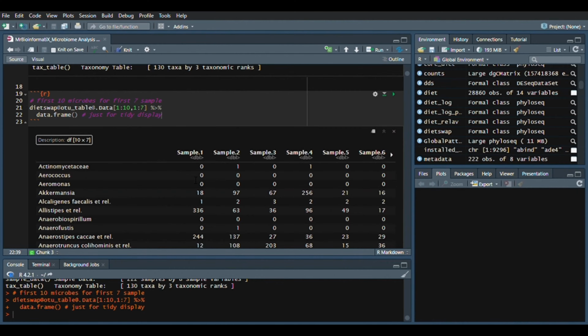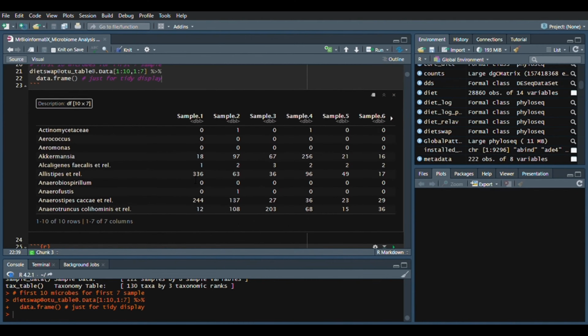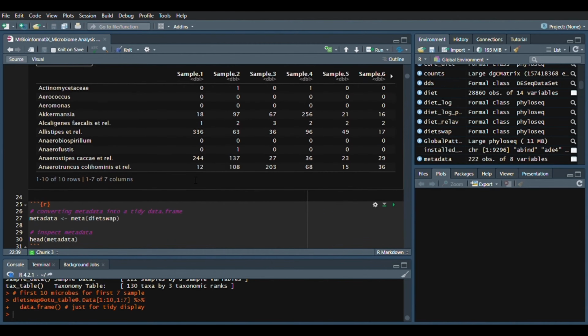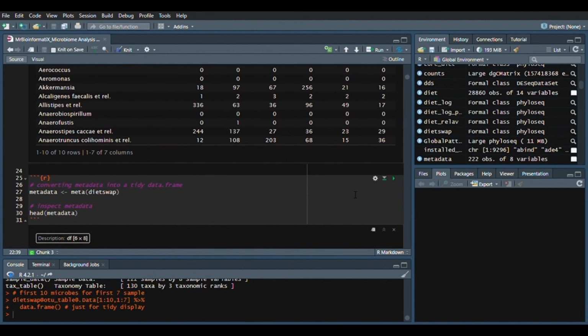Now let's inspect the metadata associated with our dataset. The metadata provides detailed information about the sample data, and gives us insights into how the experiment was conducted. It offers a glimpse into the research design, including the number of participants and the time points used to collect the complete dataset.